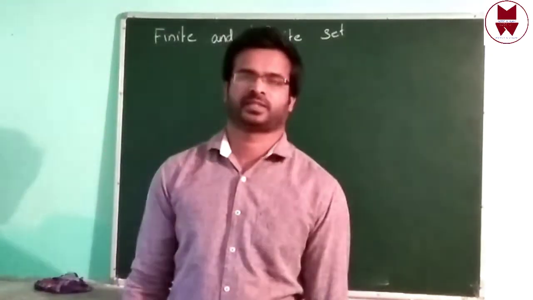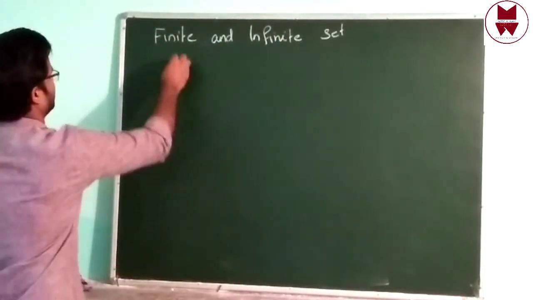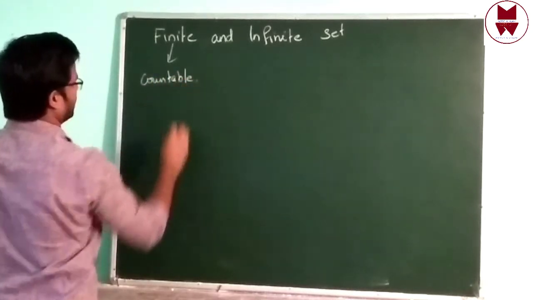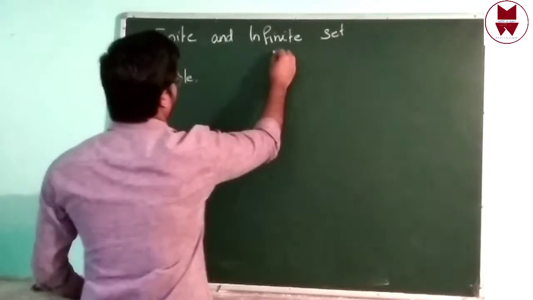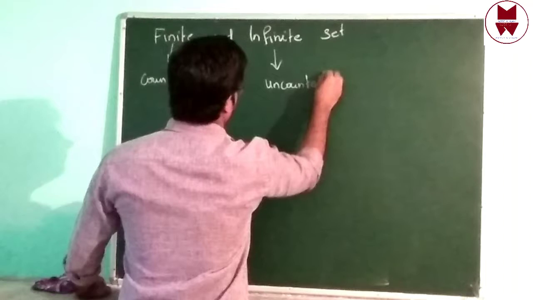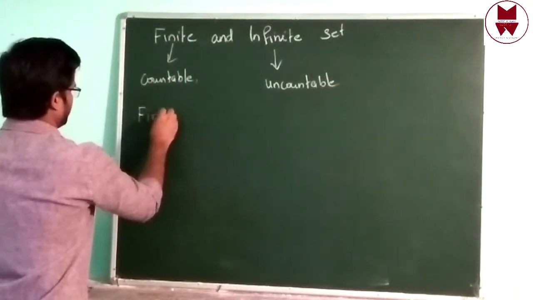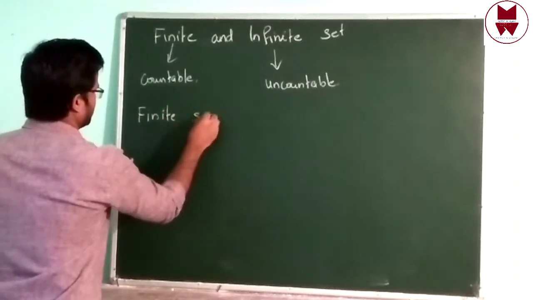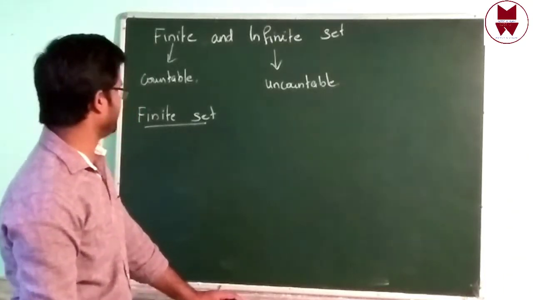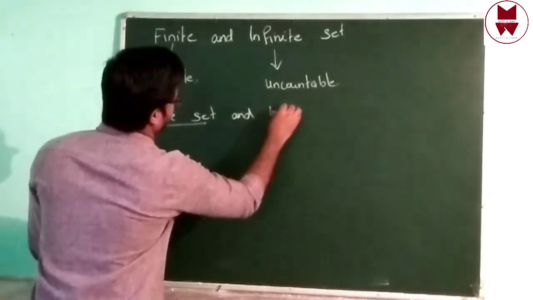Now we can study the second type of set, finite and infinite. Finite means countable, and infinite means uncountable. First, the finite set. First we can see the definition of a finite set, both finite and infinite.